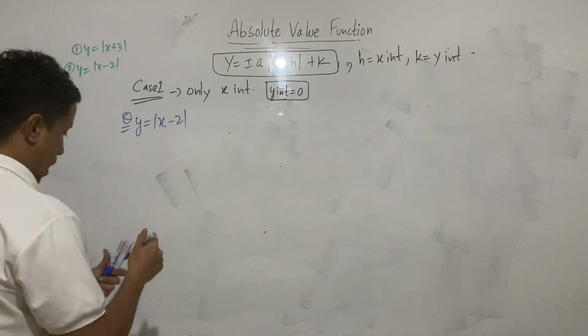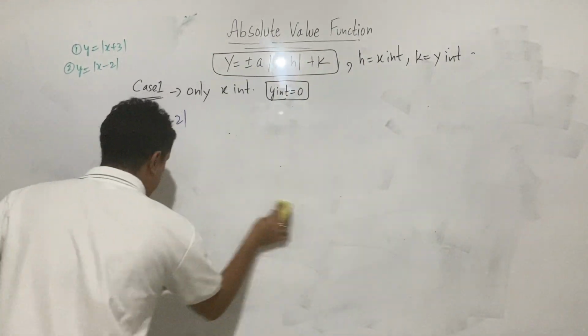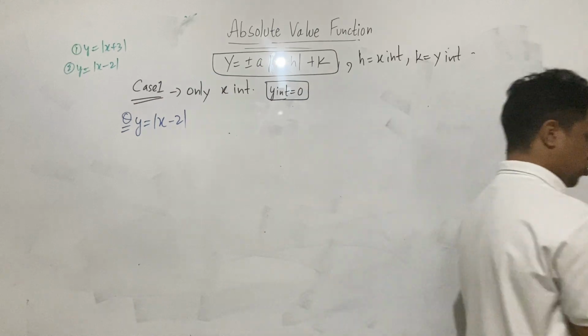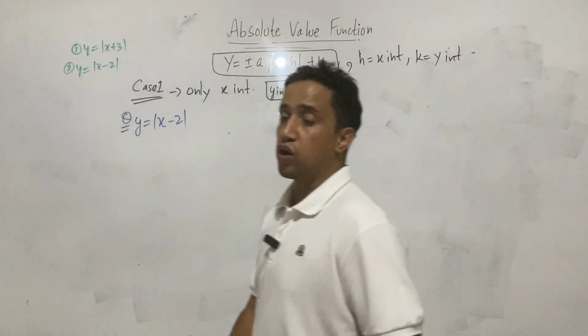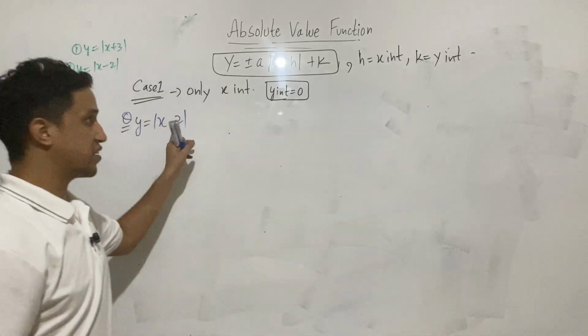Okay, now I'm given the x intercept. It means the vertex is not going to be at the origin because I'm given the x intercept.